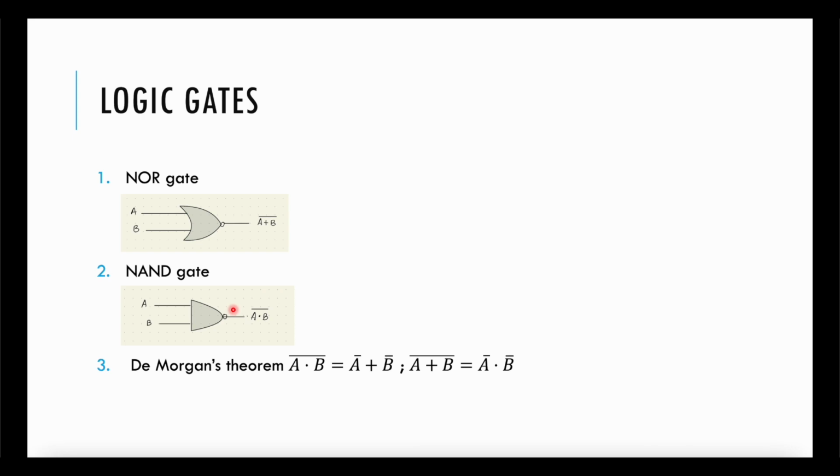So NAND gate consists of an AND gate and a NOT gate. And the most important theorem is De Morgan's theorem, which says that (A and B) bar is A bar or B bar, and (A or B) whole bar is A bar and B bar.